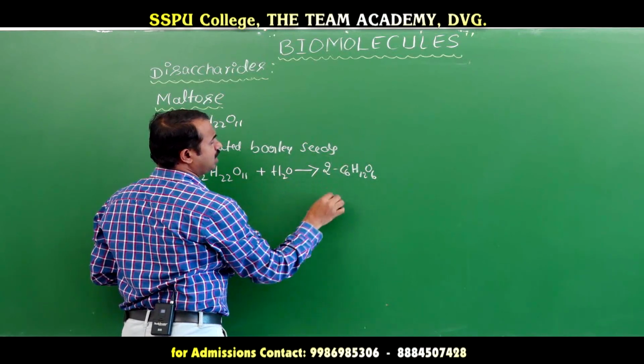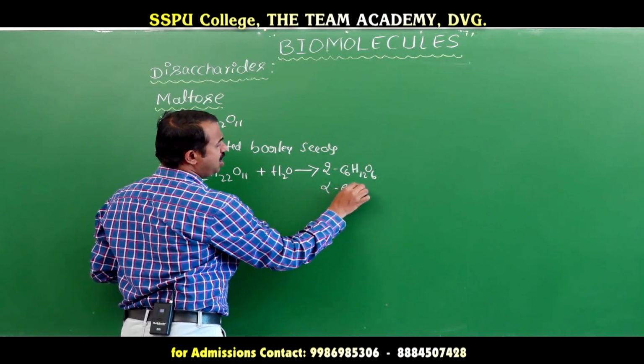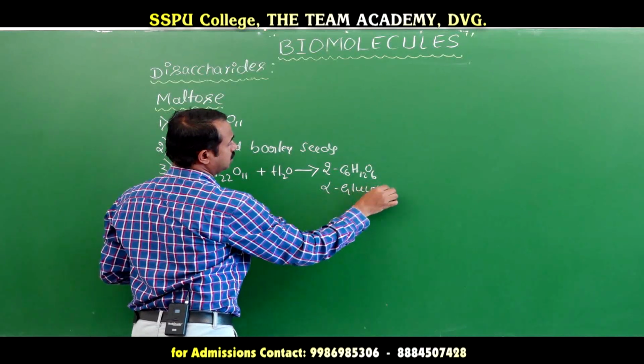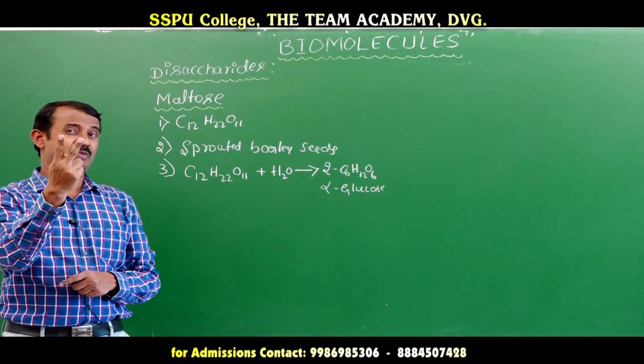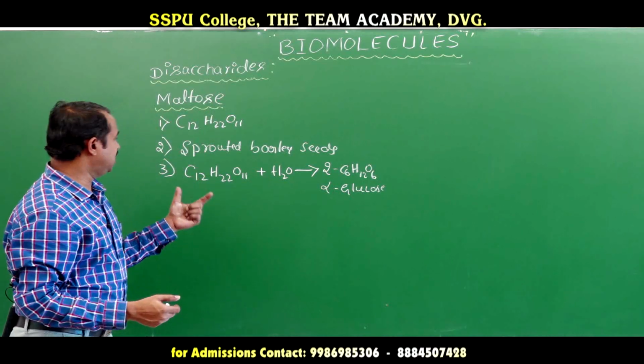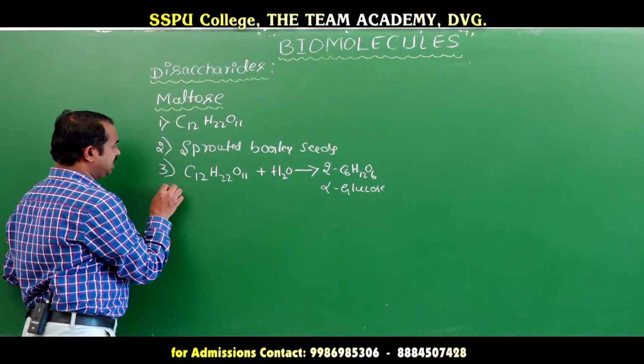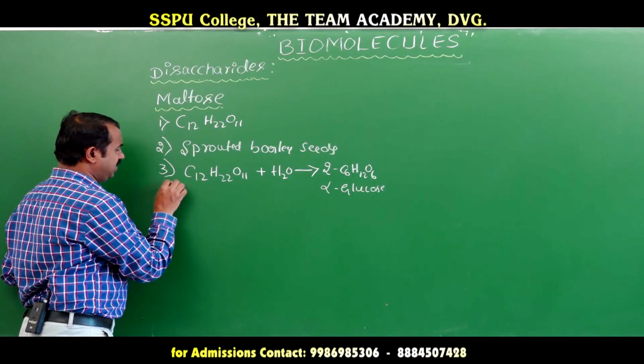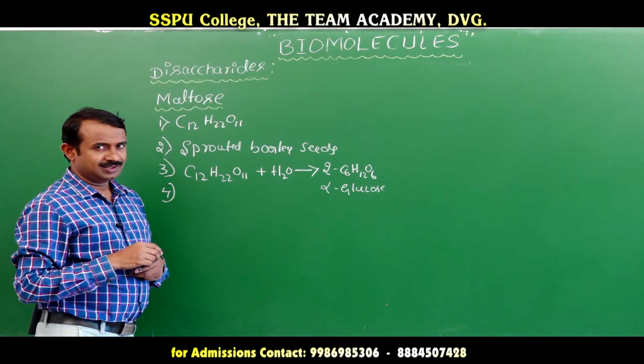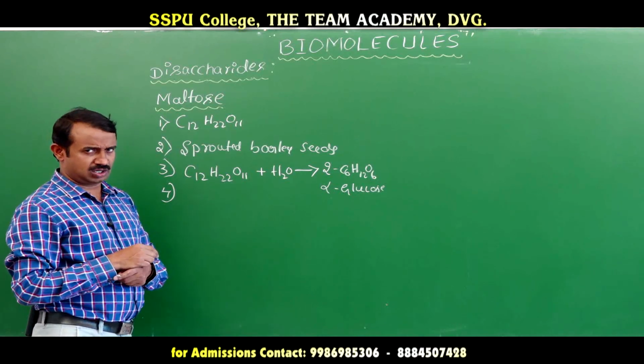So there are 2 units of the same monosaccharide in maltose. Here also there is elimination of water between the 2 monosaccharides.